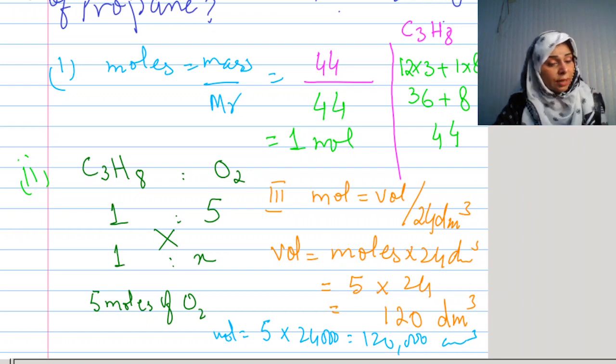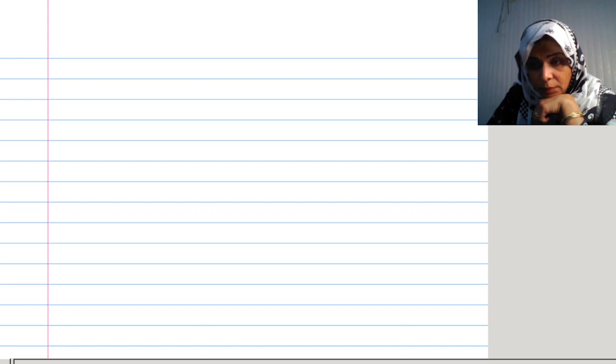So the next question is, okay, now we are going to learn about the moles of solutions. We have done moles of solids, then we have done the moles of gases. Now we are moving towards the moles of solutions.